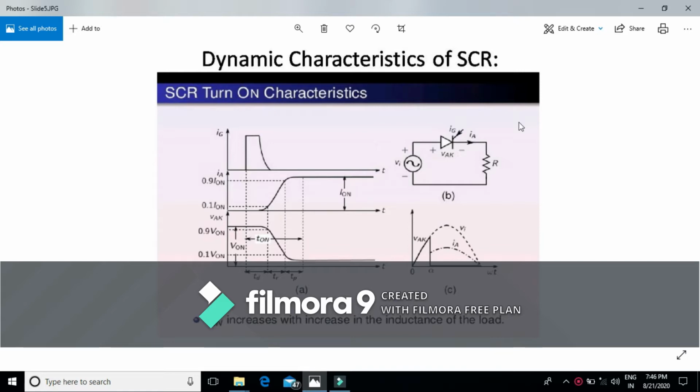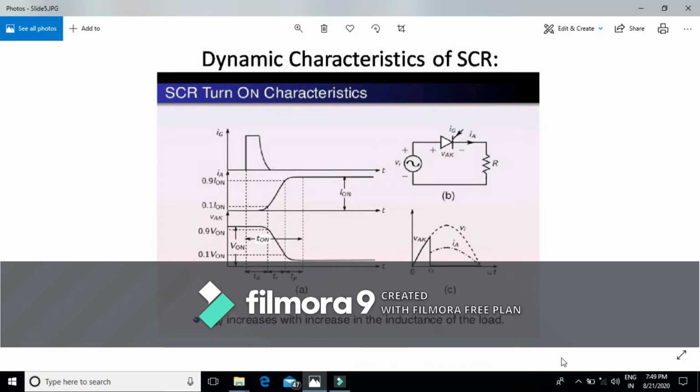Today's topic includes dynamic characteristics of SCR. Till date, we have studied what an SCR is, the three modes of operation of SCR, and the IV characteristics of SCR. In the IV characteristics, we studied the relationship between the anode to cathode voltage and forward current, which we call anode current, during turn on and turn off period.